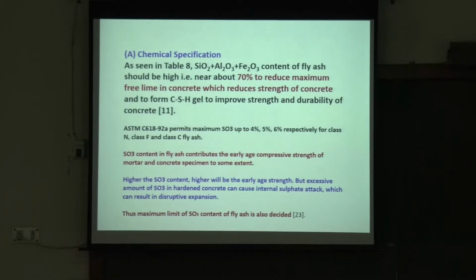Now ASTM, this standard permits maximum SO3 up to 4, 5, and again for class N, class F, and class C fly ash. The higher the SO3 content, the higher the early age strength, but an excessive amount of that in hardened concrete can cause internal sulfate attack, which can result in disruptive expansion.